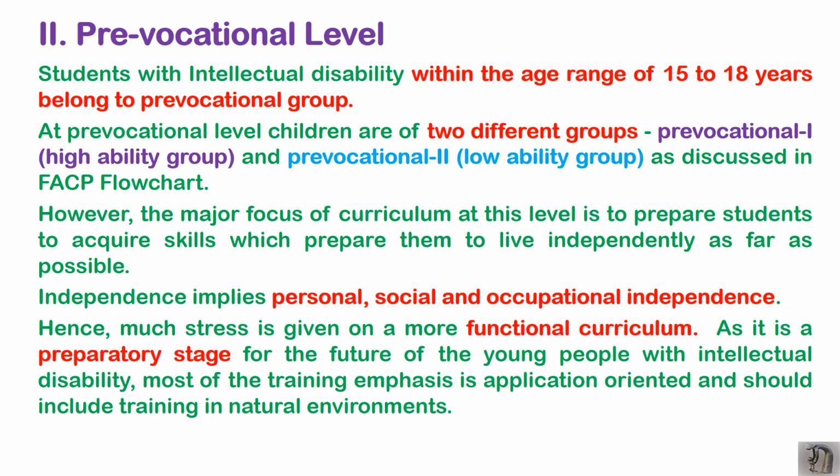Hence, much stress is given to the functional curriculum, because children with intellectual disability sometimes may not be able to cope with the other curriculum. At least they need to go out, understand, and survive in society. That is our main focus via the functional curriculum.